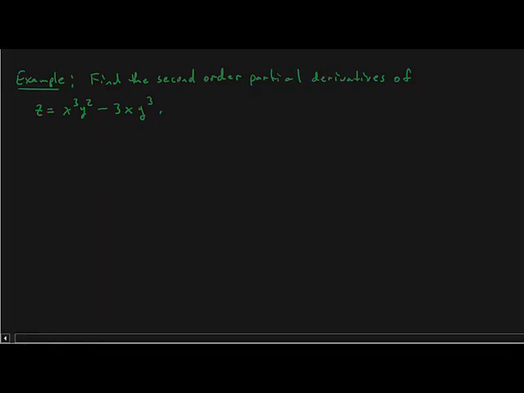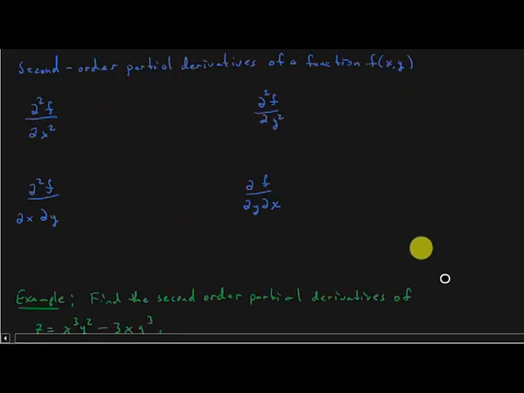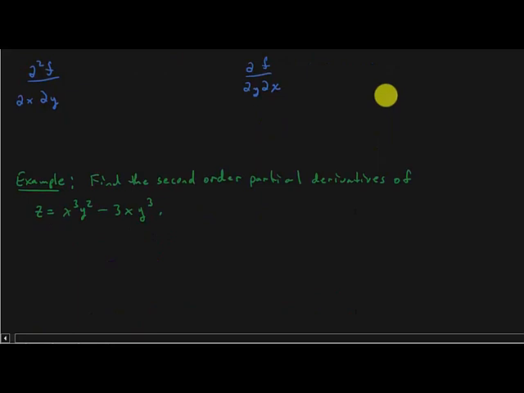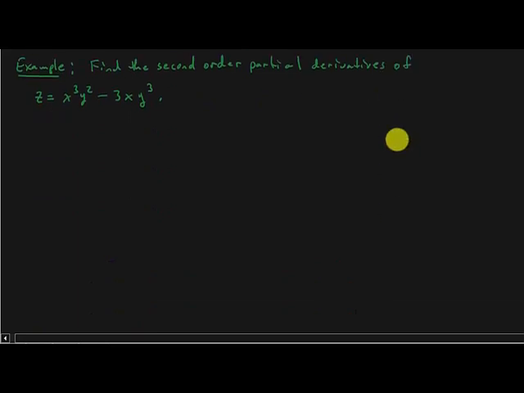All right, so we're finding the second order partial derivatives of this function here. So basically, they didn't tell us exactly what to find. They're basically saying find all of these. All right. So the way I like to do this, I just like to start out doing the partial of z with respect to x.